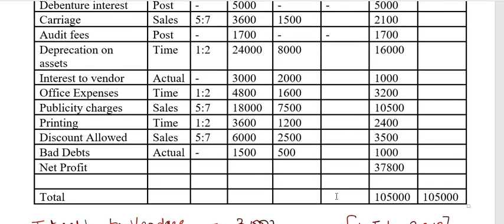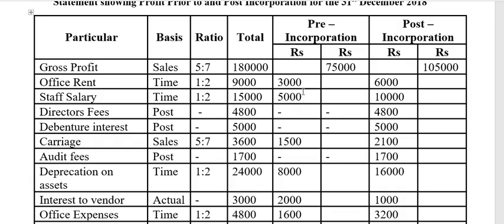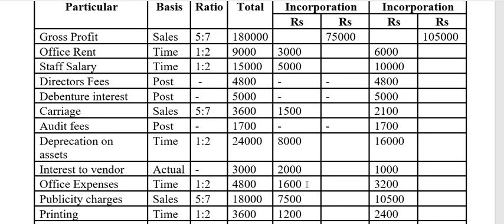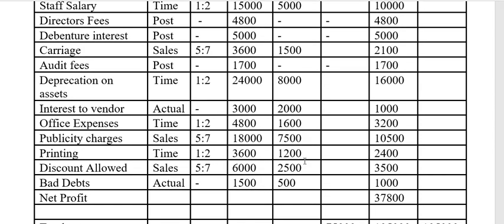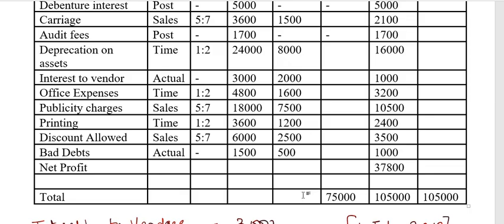Now for pre-incorporation, tally: 75,000, add 3,000, 5,000, 1,500, 8,000, 2,000, 1,600, 1,700, 1,200, 2,500 and 500.